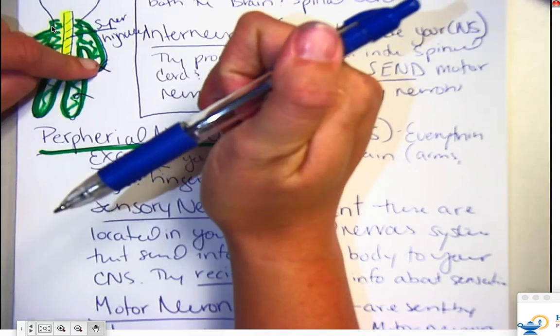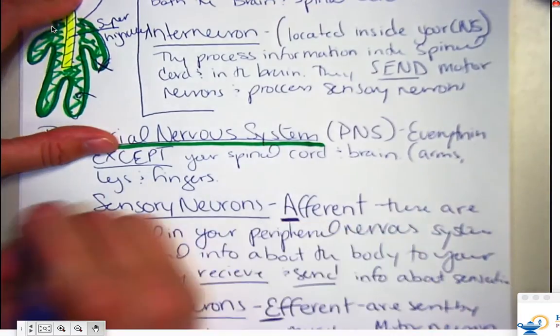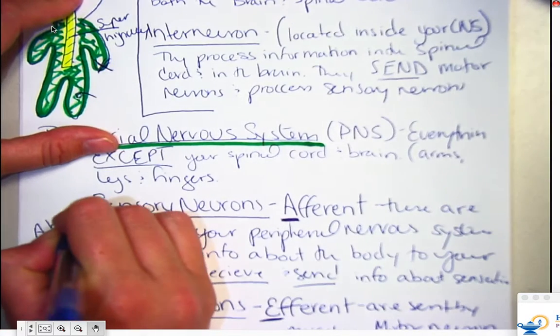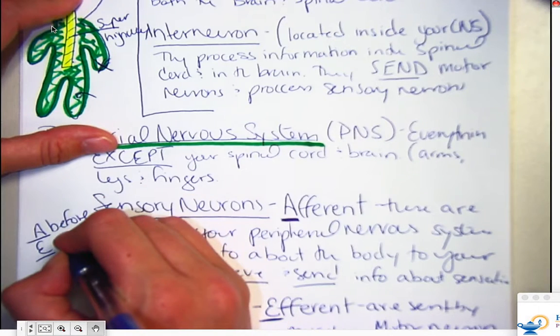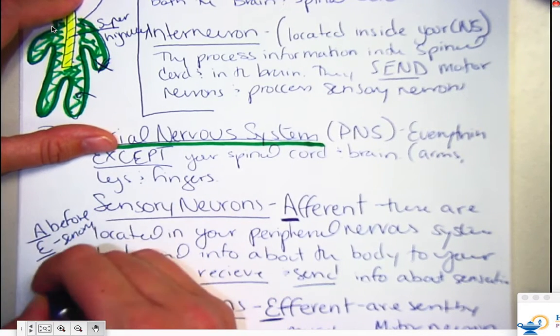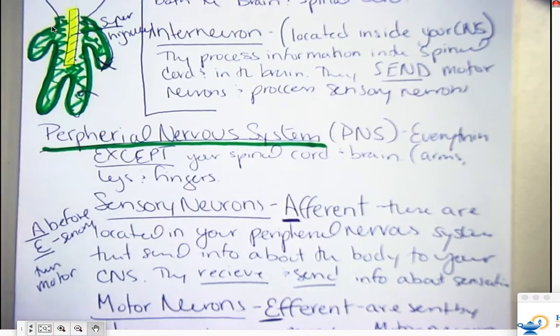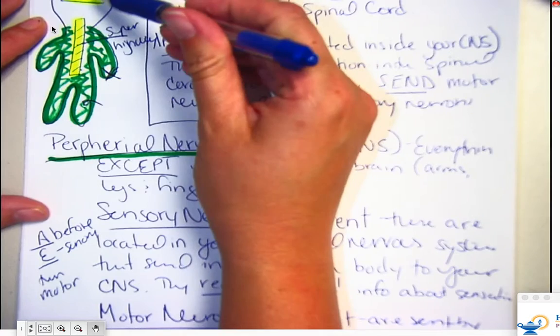Motor or efferent neurons. Afferent, A before E. A before E. Okay, sensory, then motor. So the message has to get all the way up your leg, hits your spine, gets processed.